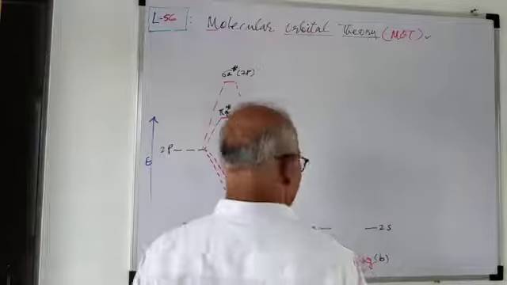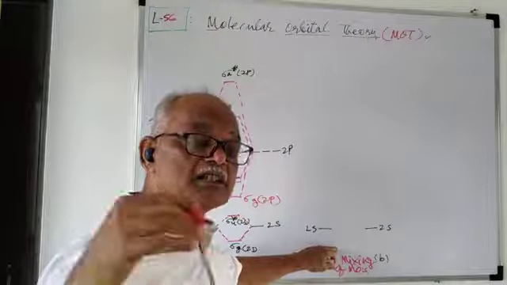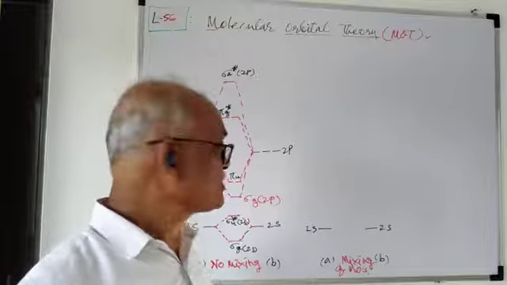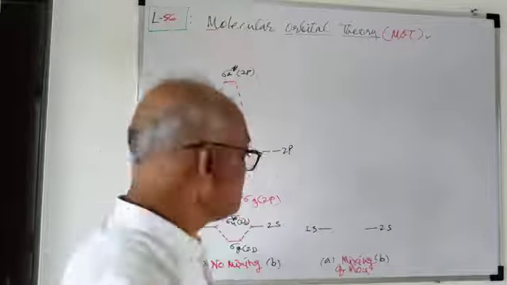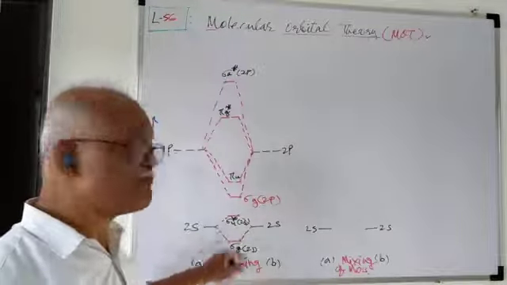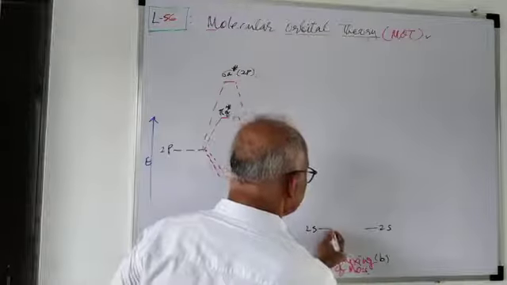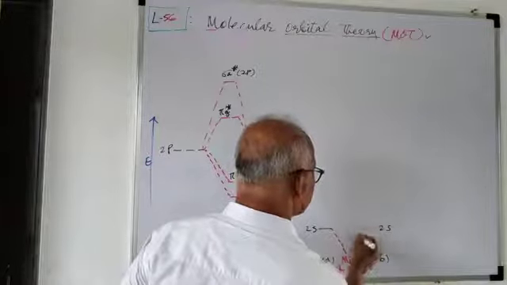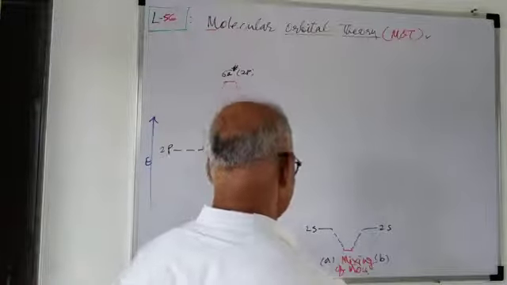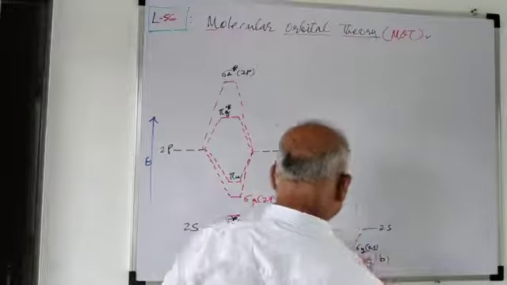After this, as a result of mixing, what happens? The molecular orbitals after undergoing interaction with each other show lowering of energy of the lower molecular orbitals. So these sigma g are lower in energy, so they will show a fall of energy. Their energy will decrease like this. This is sigma g of 2s.